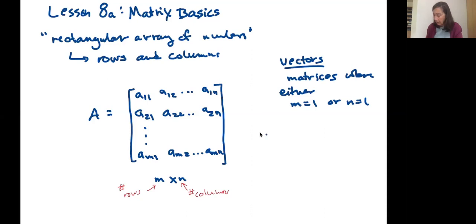So a vector might look like this: if this was typeset, it would be a boldface v, composed of numbers v1, v2, all the way down to vn. When we're just working with vectors and we're having a single index, a lot of times people just use n for everything.